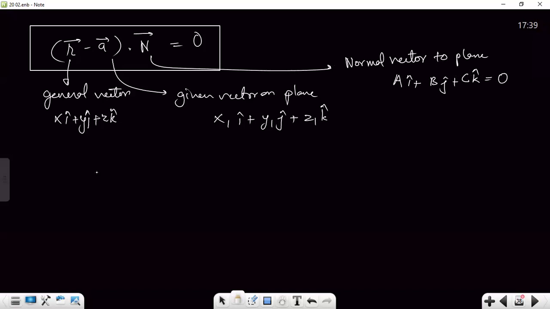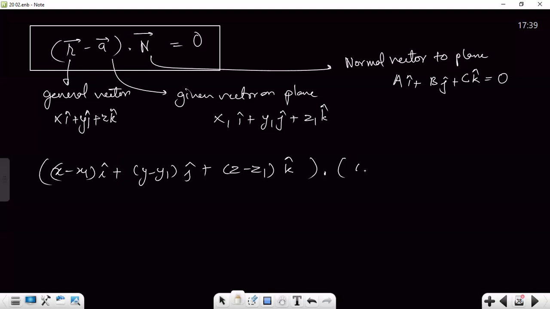Let's find the Cartesian form. How do we do it? By simply solving it. So r minus a vector becomes (x minus x1) i cap plus (y minus y1) j cap plus (z minus z1) k cap, whole dot with the normal vector ai cap plus bj cap plus ck cap, equals 0.